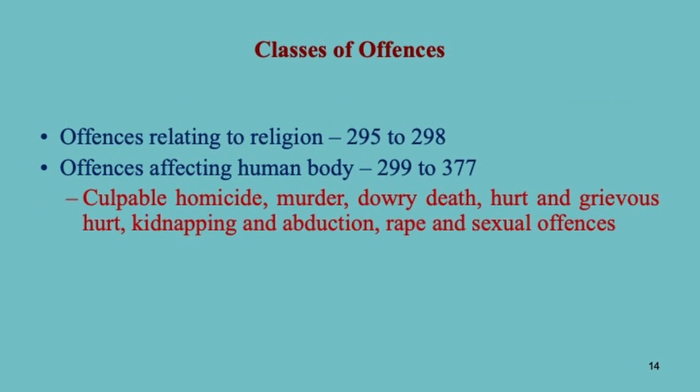Chapter 15 from sections 295 to 298 deals with offences relating to religion. Chapter 16 from sections 299 to 377 deals with offences affecting human body, which include offences like murder, dowry death, hurt, grievous hurt, assault, kidnapping, abduction, and sexual offences.